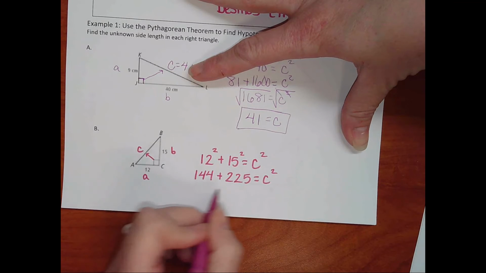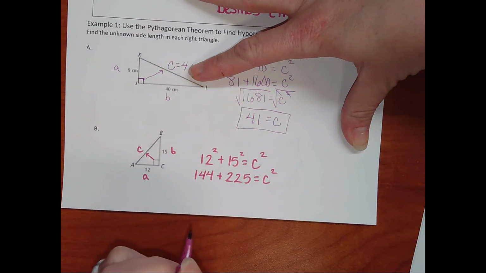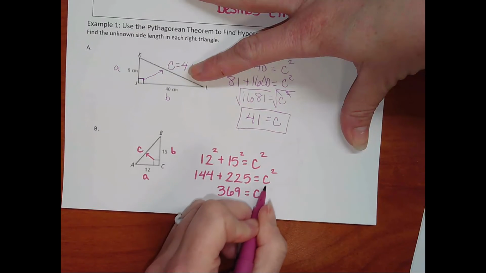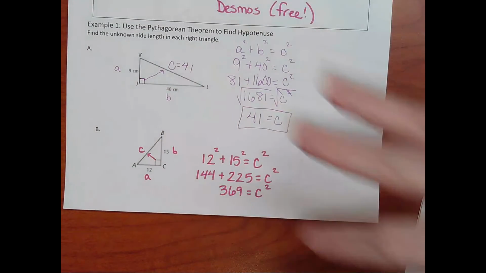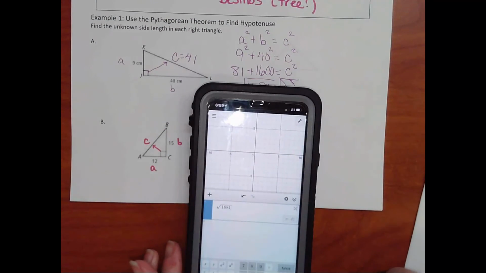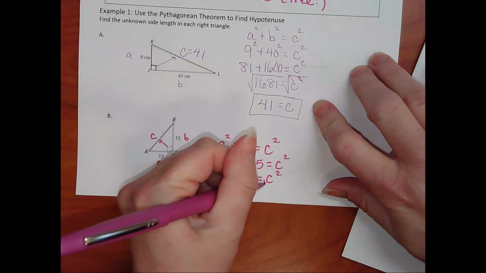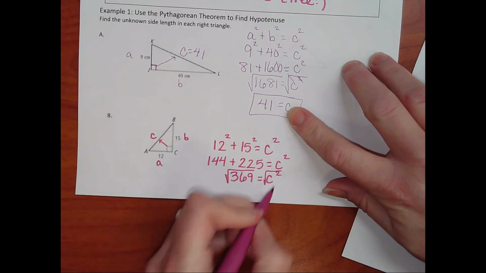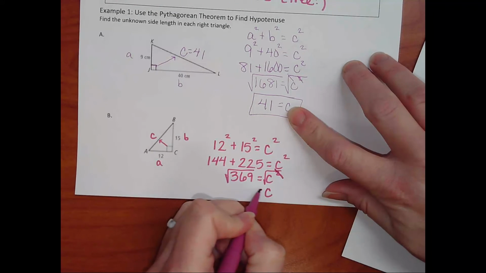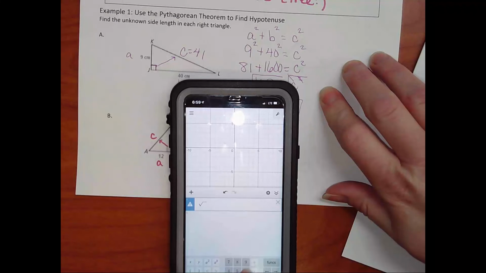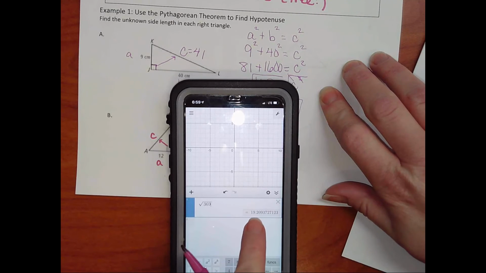Add them together. 144 plus 225 is 369. That equals C squared. Take the square root. That gets rid of the square. So C equals square root of 369, and I get 19.2.